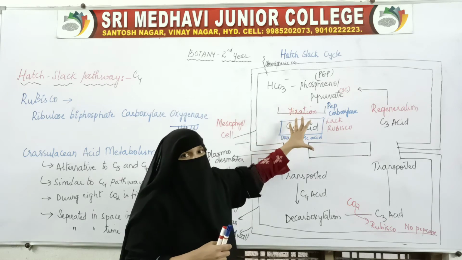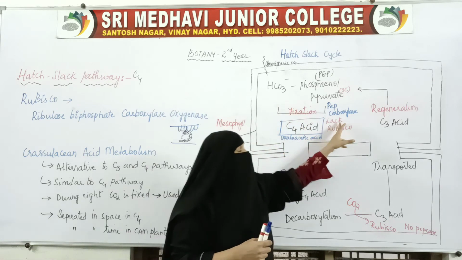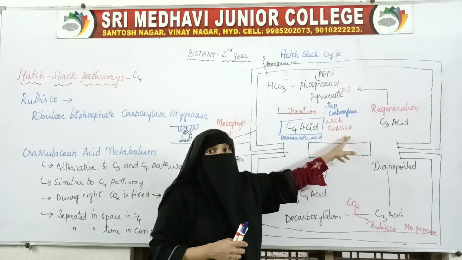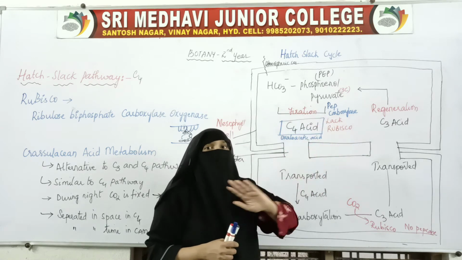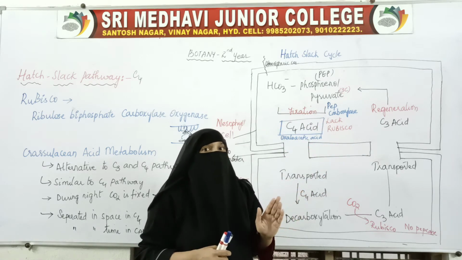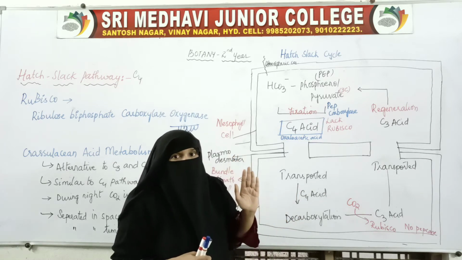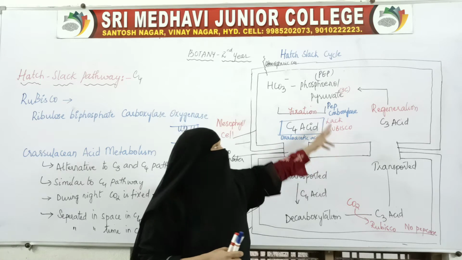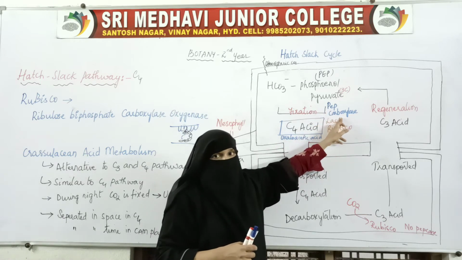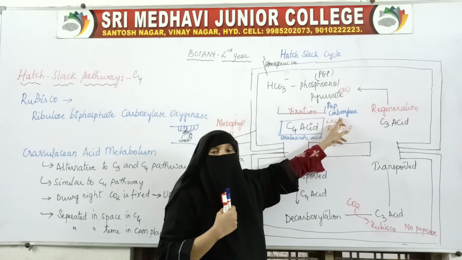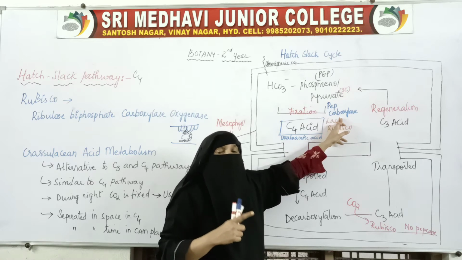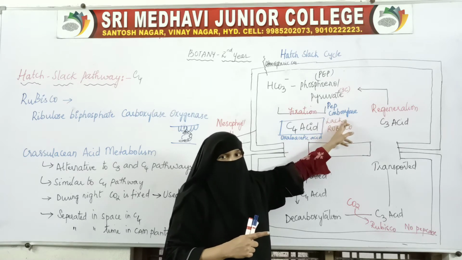Here, mesophyll cells lack rubisco. In C4 plants, the rubisco enzyme is not present in the mesophyll cells. Instead, the enzyme found in the mesophyll cells of C4 plants is PEP carboxylase.